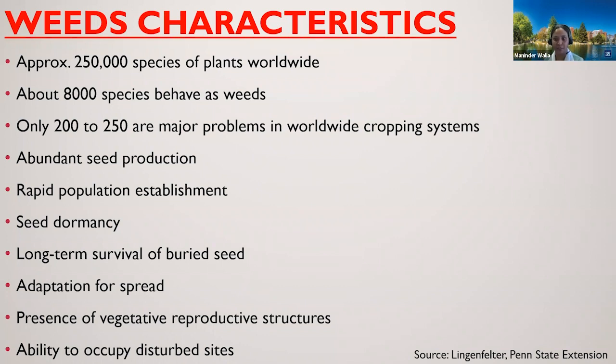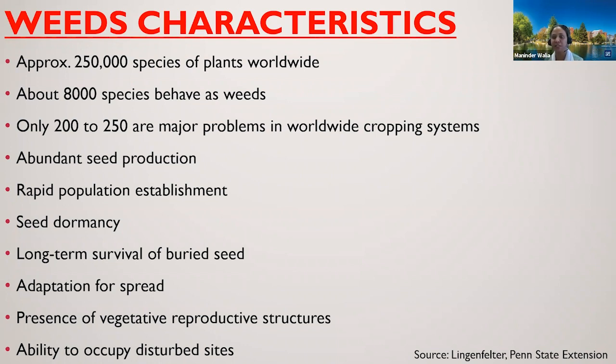It can be induced in many weed seeds, even when a crop canopy filters the sunlight and shades the ground, and that reduces the germination of the weed seeds. Weeds also have long-term survival if they're buried. If the conditions are adequate, buried weed seeds have the potential to remain viable for more than 40 years.